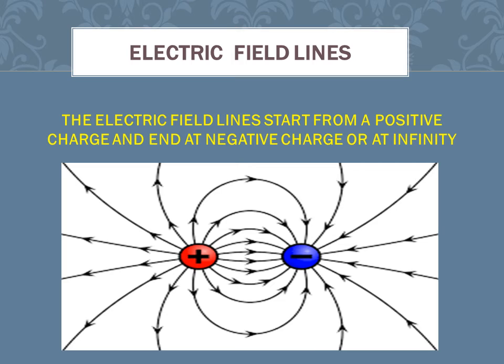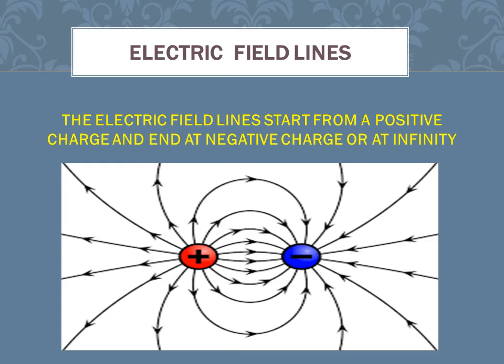Next, we have the properties of the electric field lines. This is quite an interesting topic. Suppose you want to draw the electric field lines; these points have to be remembered. The first point says the electric field line starts from the positive charge and ends at the negative charge or at infinity.